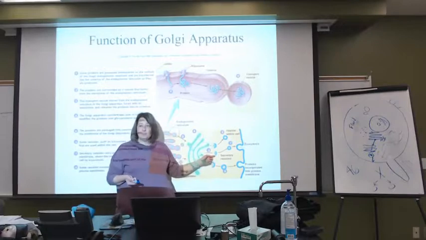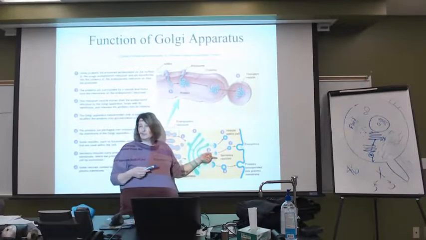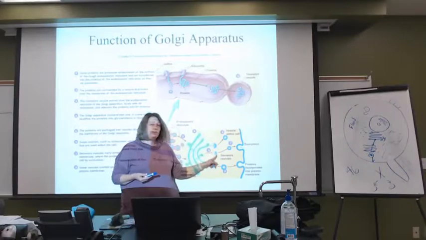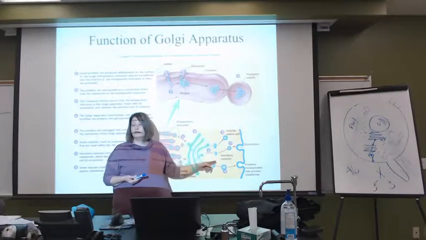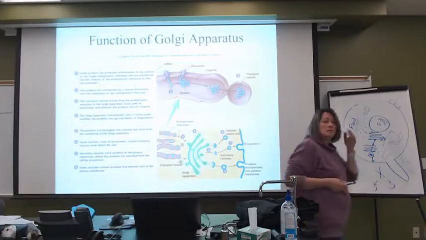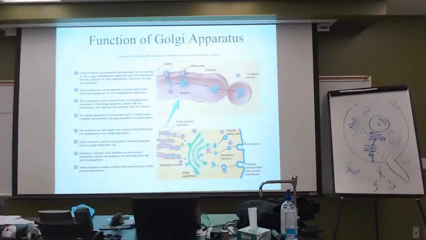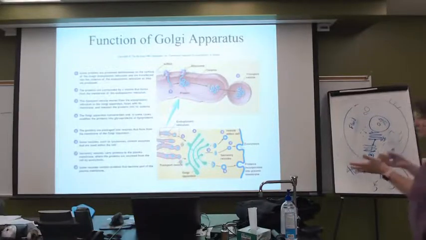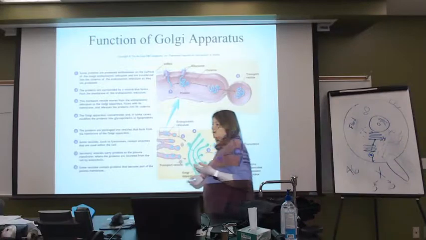This would be an example of the digestive enzymes from the pancreas, mucus from the salivary glands, insulin from the pancreas. The product is now packaged and moves to go out of the cell.